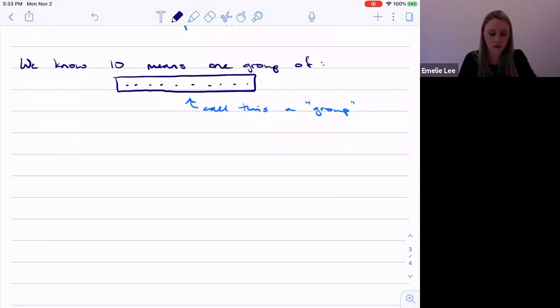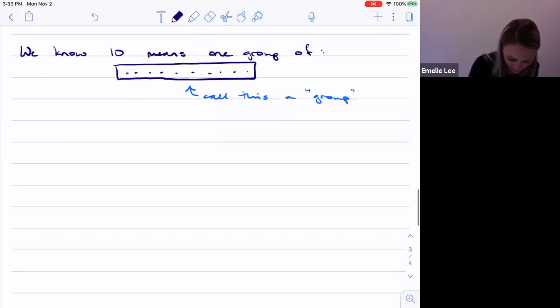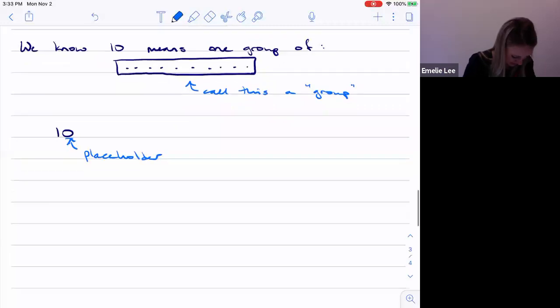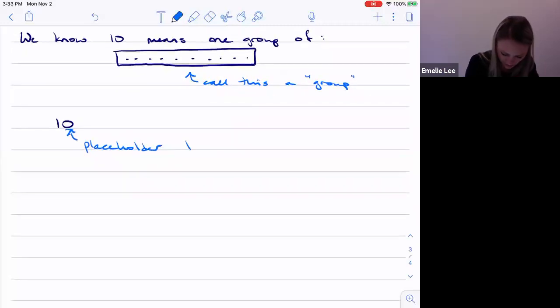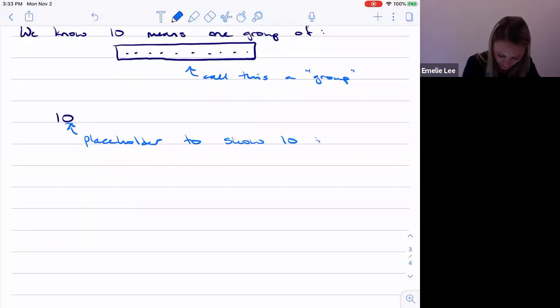Okay. So far, it's nothing that we don't know. And so we can just emphasize that 10, well, the 0 here is a placeholder to show 10 is different from 1.